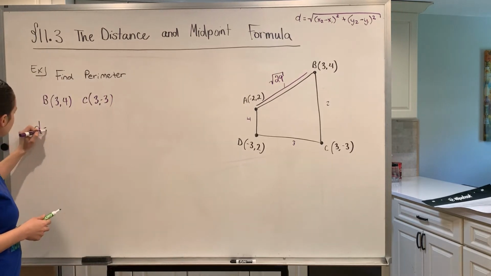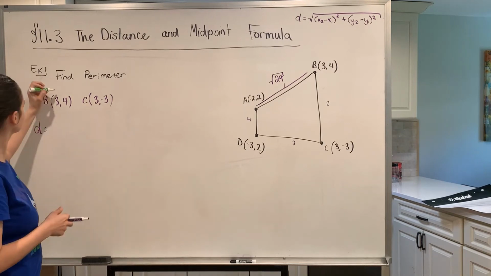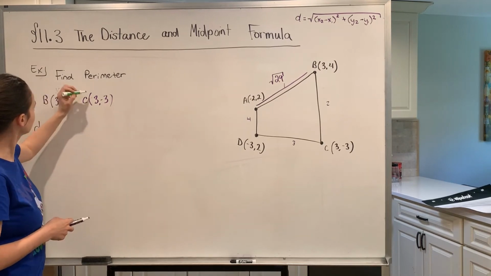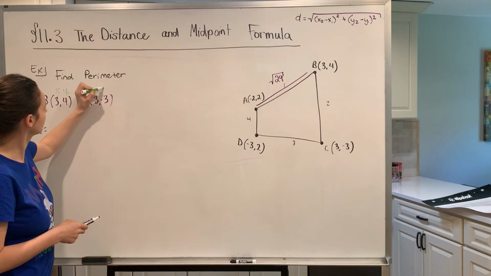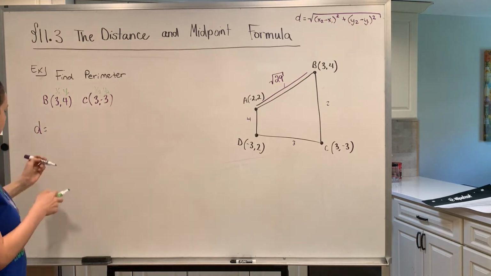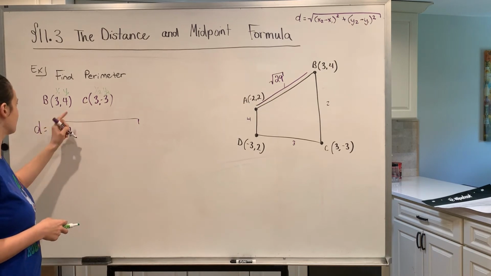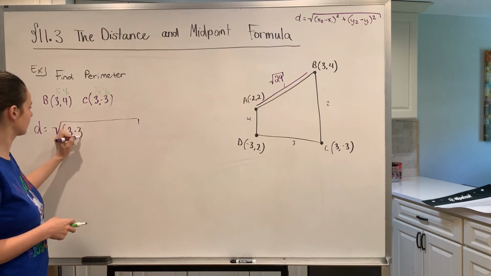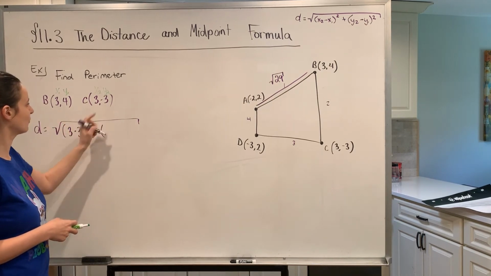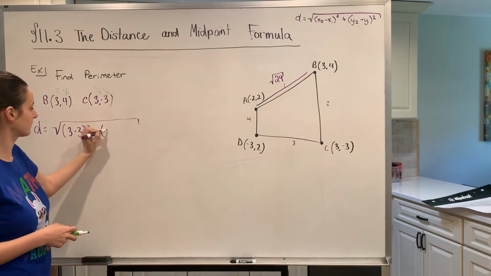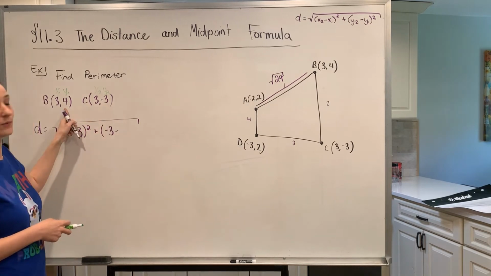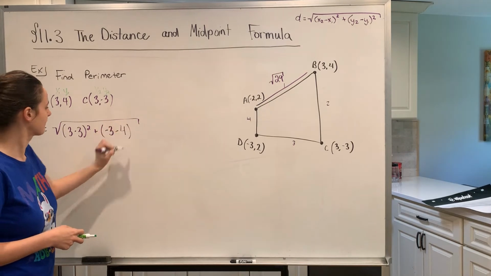So the distance here, let's call B now x1, y1, and C x2, y2. So the distance is going to be equal to the square root of x2, which is 3, minus x1, which is also 3, squared, plus y2, which is negative 3, minus y1, which is 4.